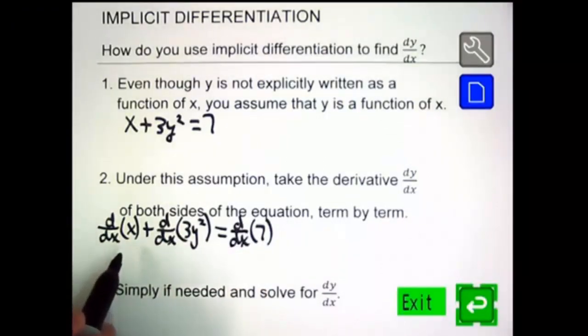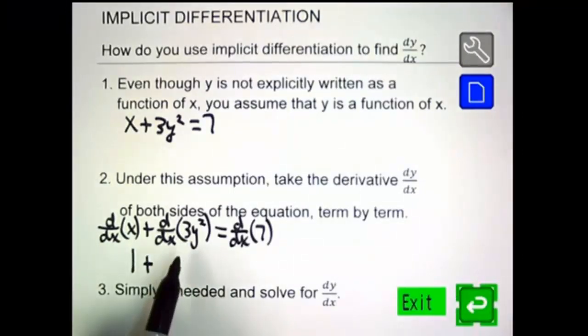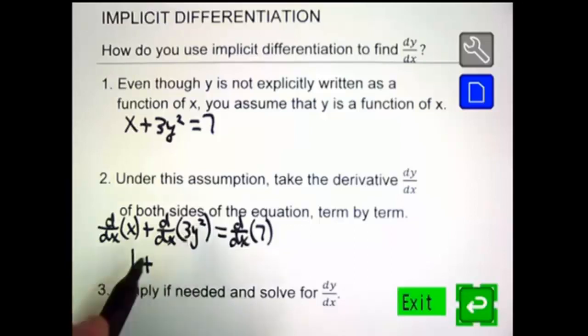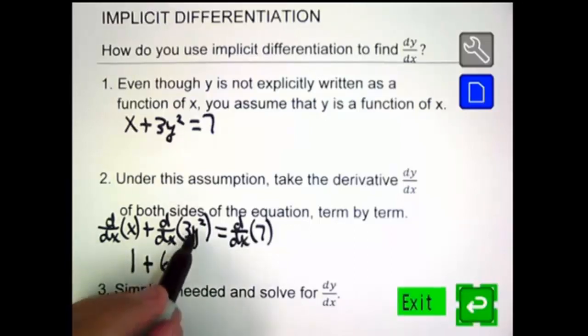Now again, I don't want to get too caught up in the details right now, but that's the process. Now, the derivative of x is just 1. The derivative of 3y squared, by the power rule, if you just think about it that way, is going to be 2 times 3 is 6, and then the y to the second drops down to y to the first.